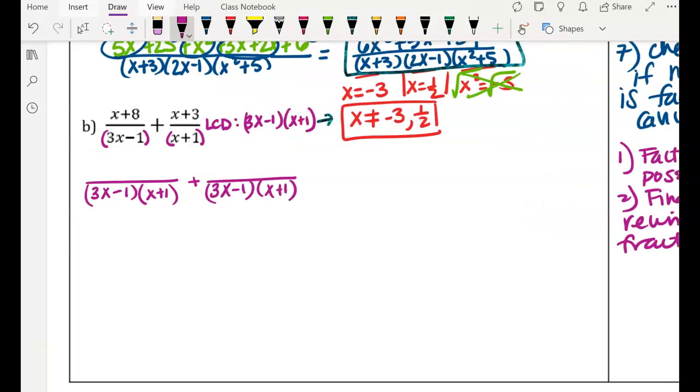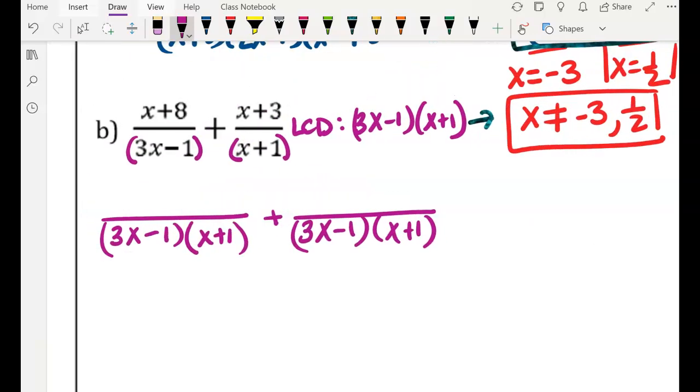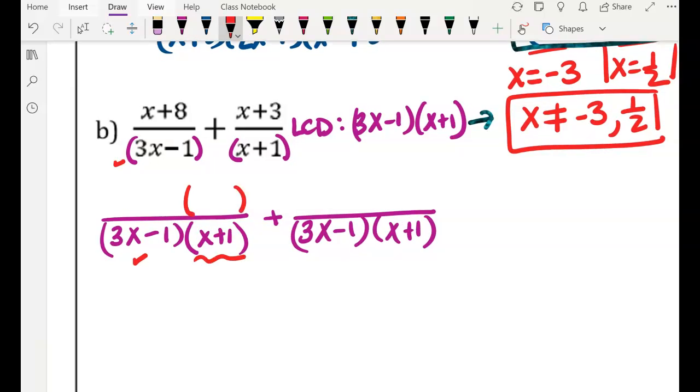And then now we are going to zoom in to see what's missing from each term. So first fraction, the 3x minus 1 is here, but this one's missing. So whatever we multiply the bottom, we will go and multiply the top, the same thing. And then now we are going to rewrite the x plus 8 binomial down. Over here, the x plus 1 is here, so we are not missing that, but we are missing the 3x minus 1.